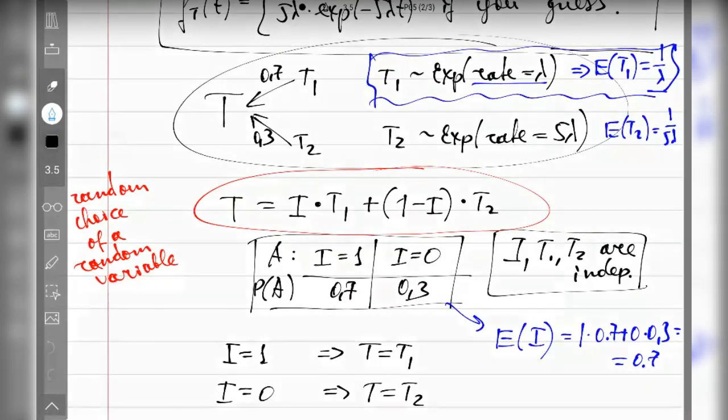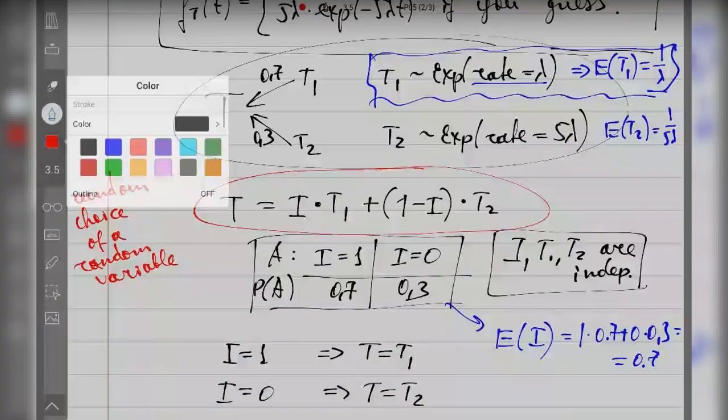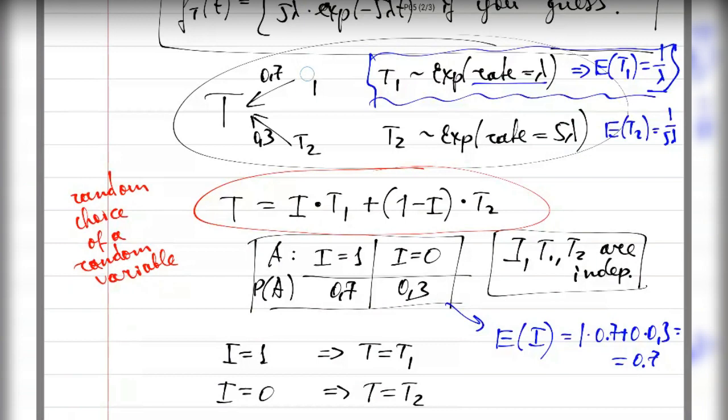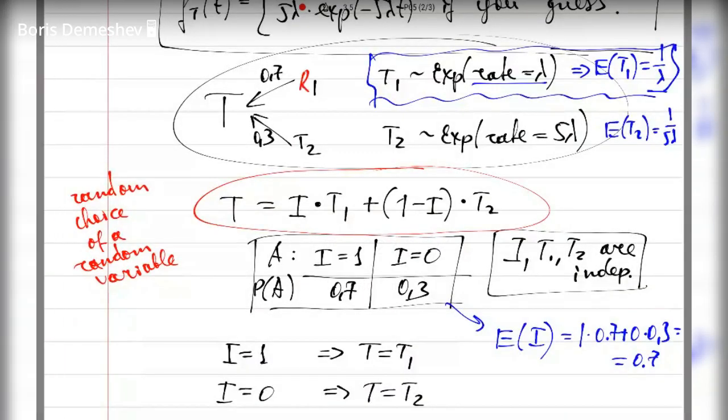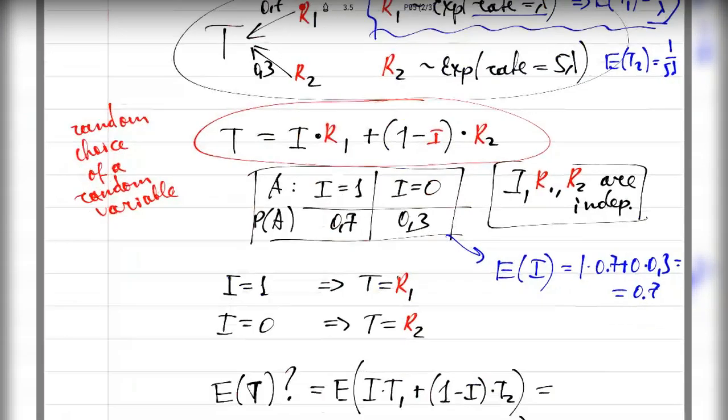They are using T1, T2 later, so I will change the notation here. It's either R1, R2, so I, R1, R2, like this.